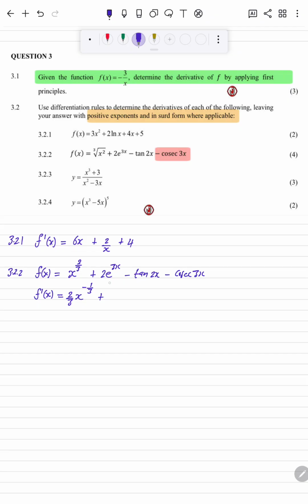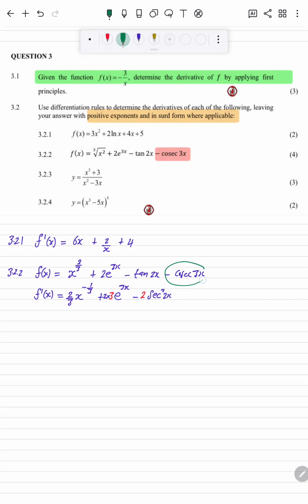Then plus the derivative of e, which is e itself, and then we have 2. But remember that you have to multiply the answer by the derivative of 3x. The derivative of 3x is 3. Then the next part, the derivative of tangent is secant squared. Then you multiply the answer by the derivative of what is inside tangent, which is 2x. So the derivative of 2x is 2.